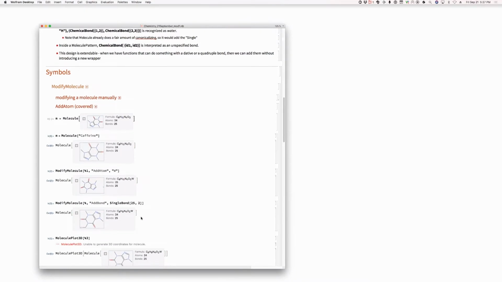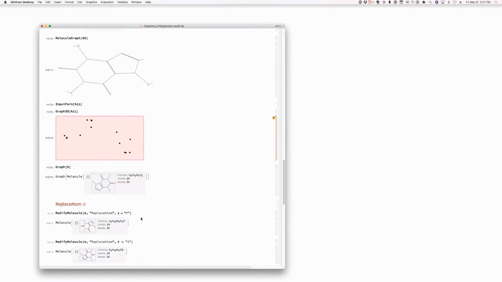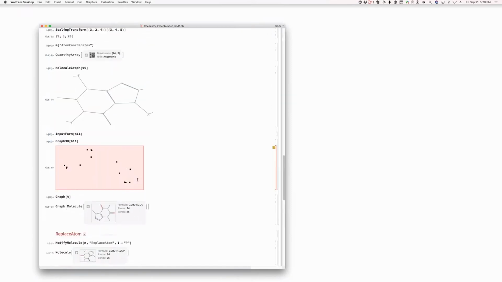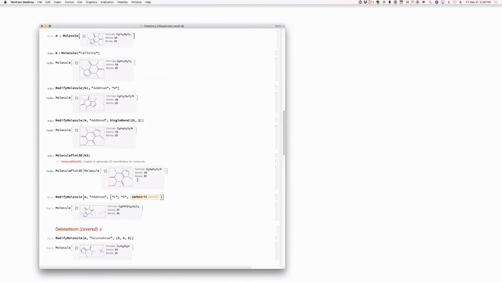Add atom. Okay. Delete atom. Okay. Next up, replace atom. Perhaps this should be replace part. I'm sorry? Perhaps this should be replace part, since it's specifically looking at indices. Well, not if you say delete atom works the same way.